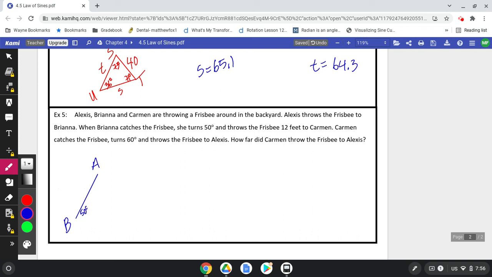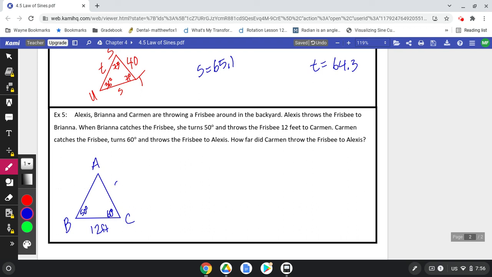So this is a 50-degree turn. And then she throws it. It says 12 feet over here to Carmen. Carmen, meanwhile, catches it, turns 60 degrees, and throws it back to Alexis. So if that happens, it asks how far did Carmen throw the frisbee to Alexis.